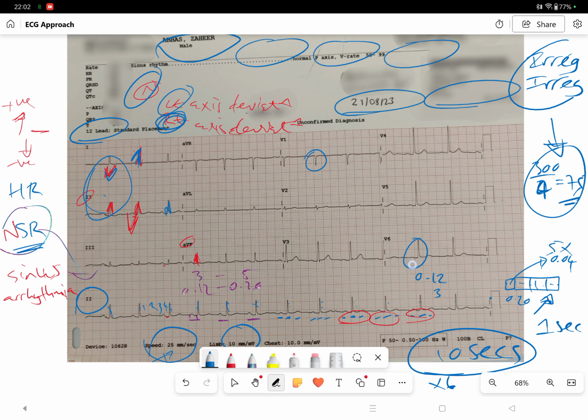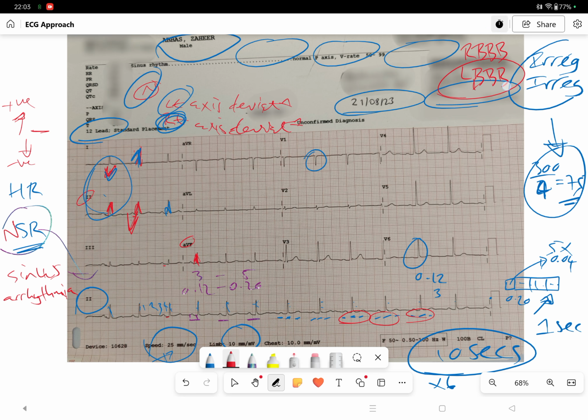If we have a widening of the QRS complex, this indicates something called bundle branch block, and we have two: right bundle branch block and left bundle branch block. And remember, if you have left bundle branch block which is new and not established, then this gives us cause for concern for a myocardial infarction.